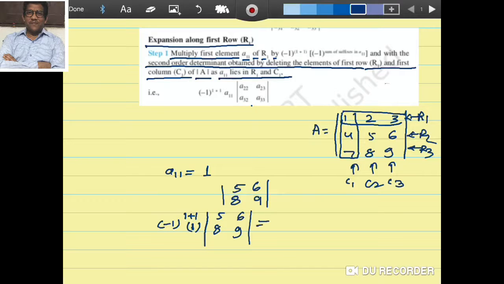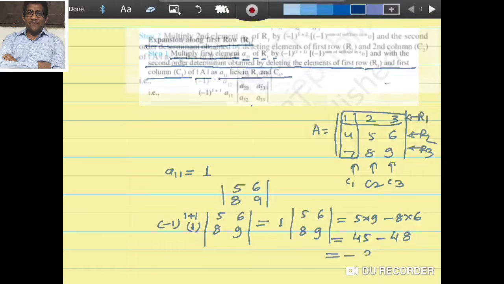What we get here is minus 1 to the power 1 plus 1, that is plus 1, into 1 into |5 6; 8 9|. That is, find the value of the second order determinant: 5 into 9 minus 8 into 6. That is 45 minus 48, that is minus 3.